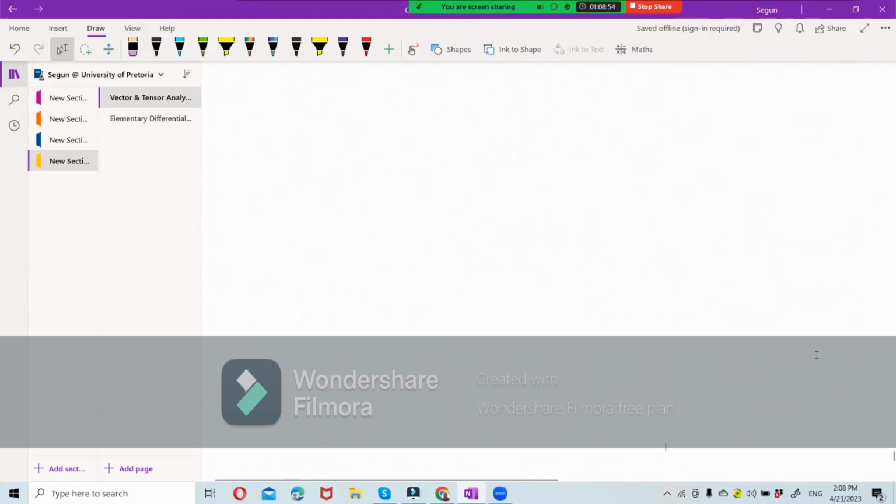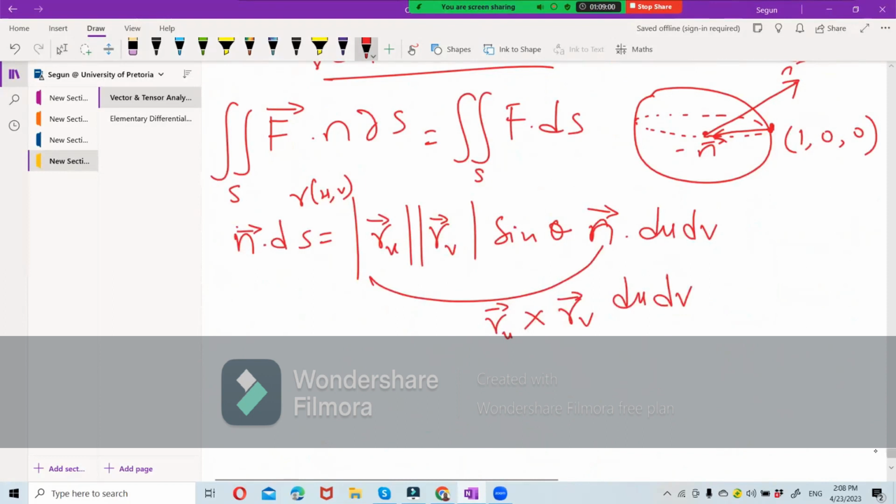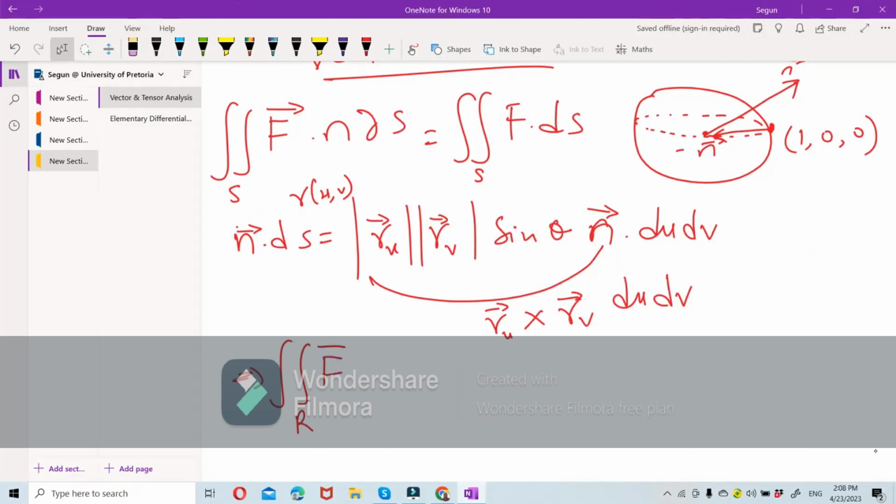It implies the integral of F vector, F of r(u, v), dot r_u cross r_v du dv.